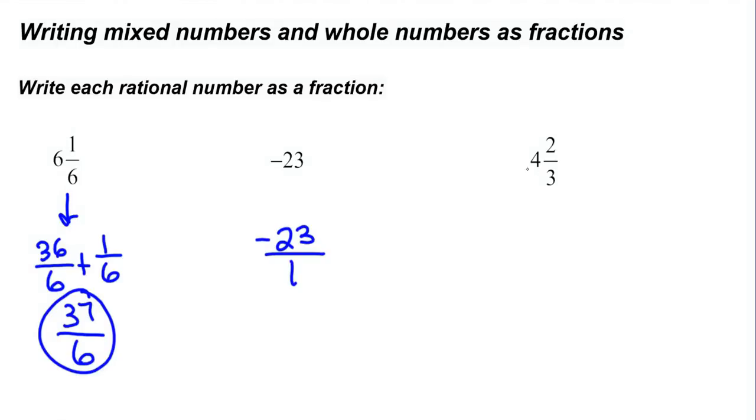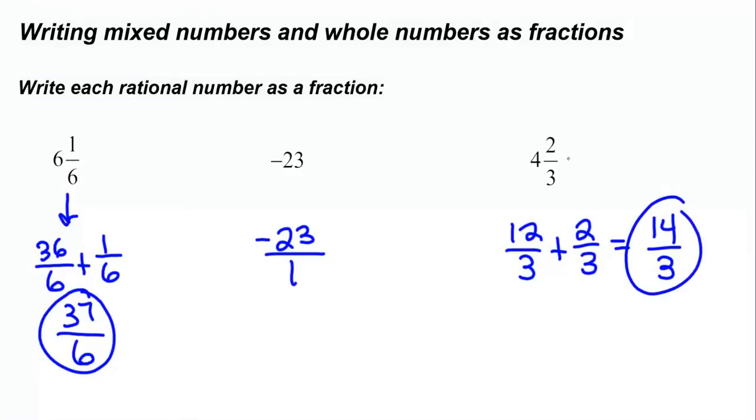So 4 whole would be how many thirds? 4 whole is 12 thirds plus the 2/3 part in the fraction is 14 thirds as a fraction. So 4 2/3 is 14 thirds written as a fraction. So all of these numbers can be written as fractions. So that tells me that they are rational numbers. If we have the ability to write something as a fraction, it is a rational number, because rational comes from the word ratio or fraction.